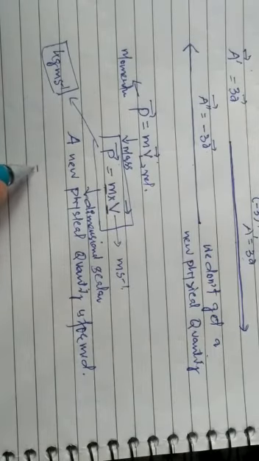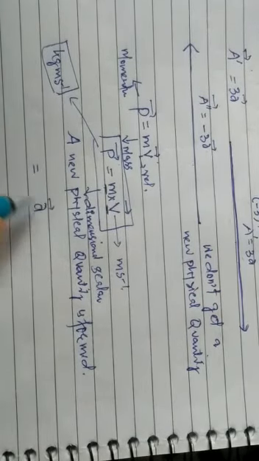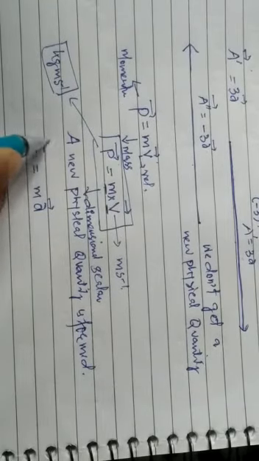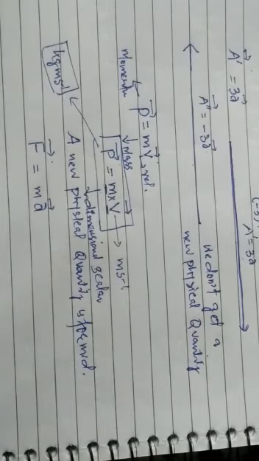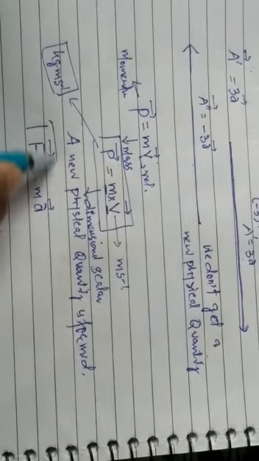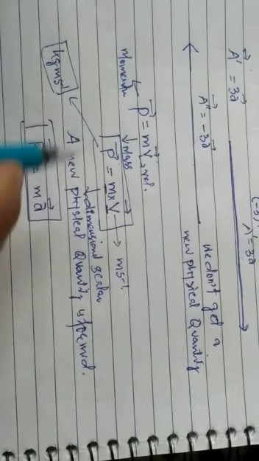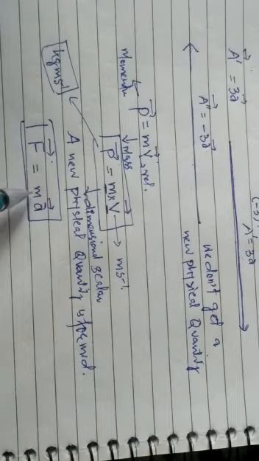Again, if you multiply acceleration with mass, you might have read Newton's second law of motion in your 9th class. So you get a totally new physical quantity. So what you have to understand is, once a vector is multiplied by a dimensional scalar, we get a totally new physical quantity.